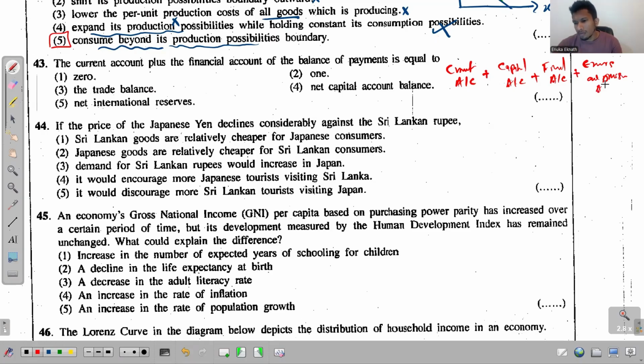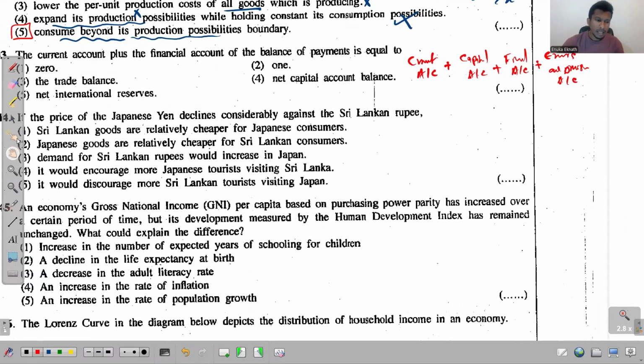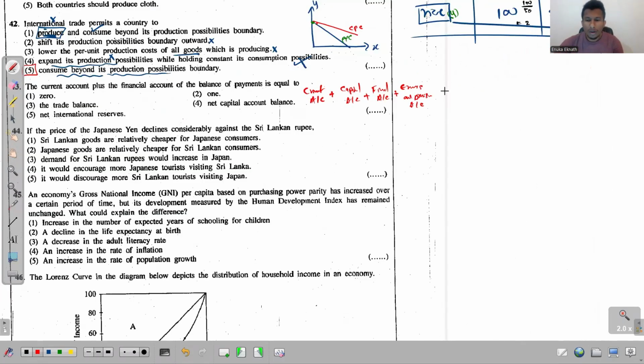When you get the total of these four, that total needs to be equal to 0. And if you assume that there's no error in the recording of transactions, you can consider this part to be 0. If not, you can simply ignore that.